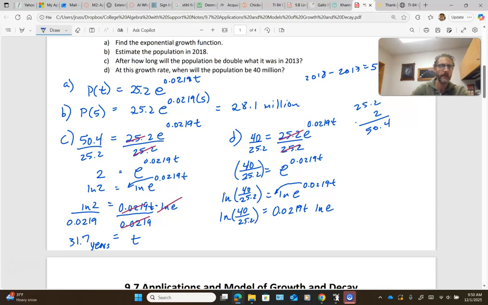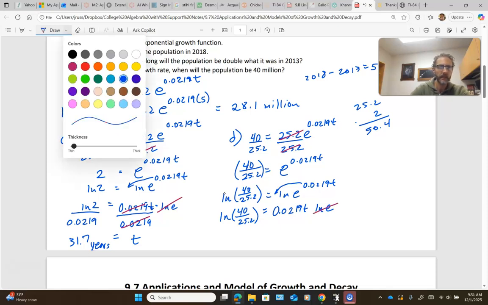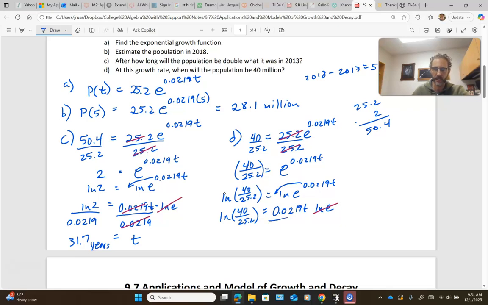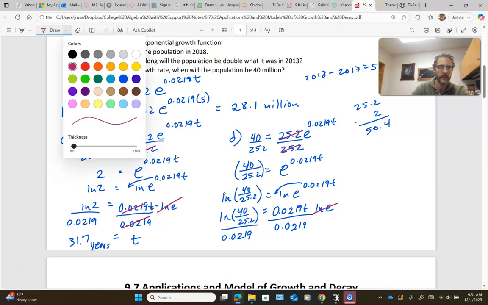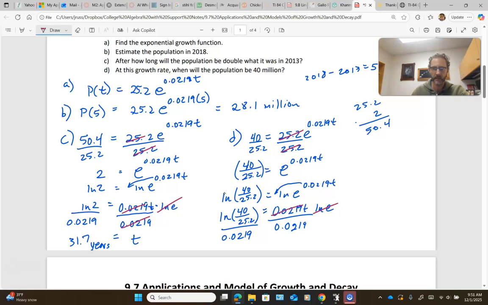Okay, I'll go ahead and do that. So that's gone. And now, again, to solve for t, we'll just divide everything by that coefficient. Okay, so you'll find that when you're doing these in your homework, the process is the same for all of them. Alright, so that decimal will divide.